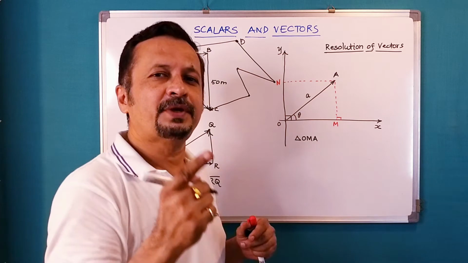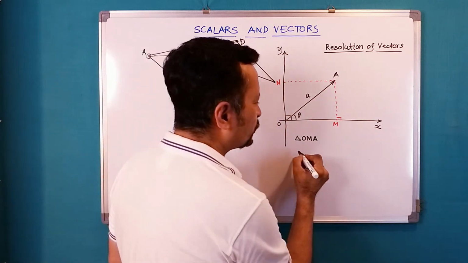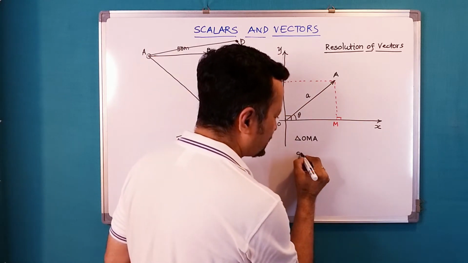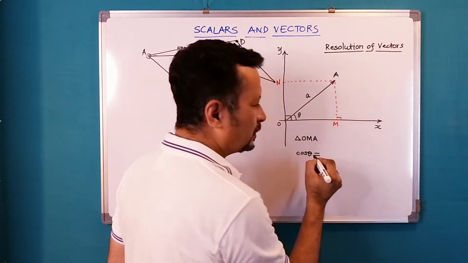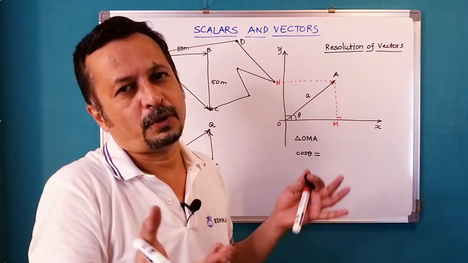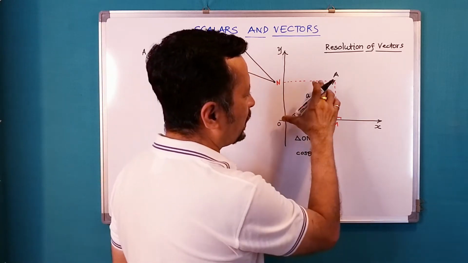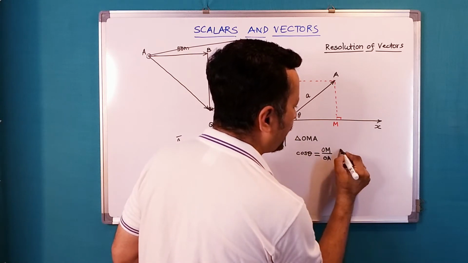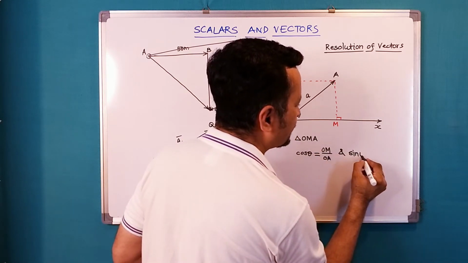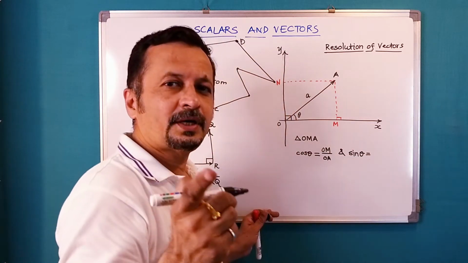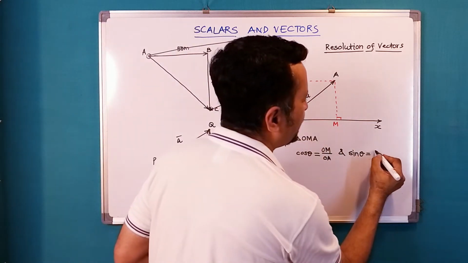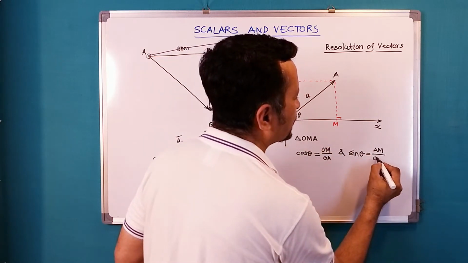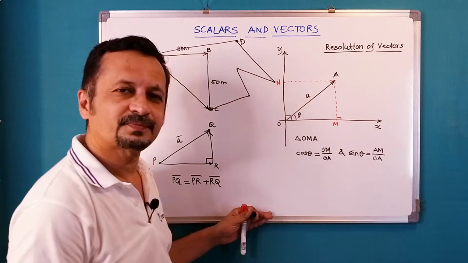For that we have to use little trigonometry. So I'll see what is my cos theta and what is my sin theta. Cos theta is adjacent side upon hypotenuse, so it would be OM upon OA, and sin theta is opposite upon hypotenuse, so it would be AM upon OA. Correct.